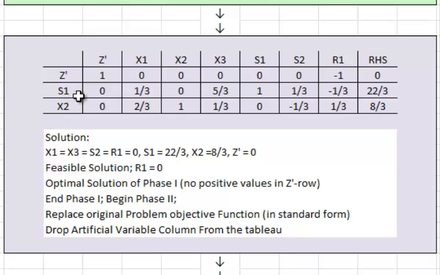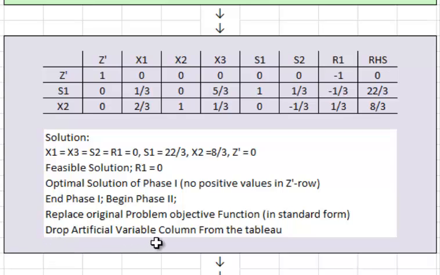If those artificial variables which are in the basis have right hand side values greater than 0, then you will not have a feasible region at all. However, if they exist here but their values in here is 0, then you do have a feasible point.